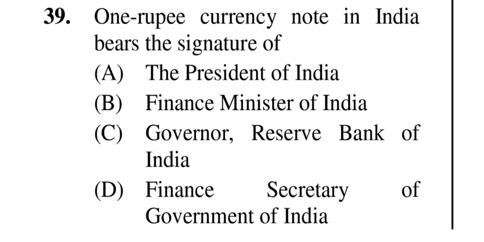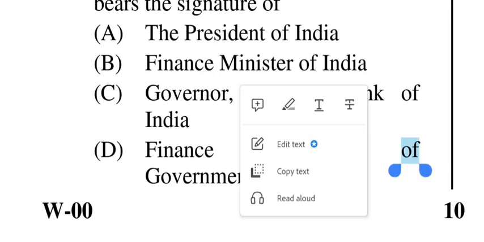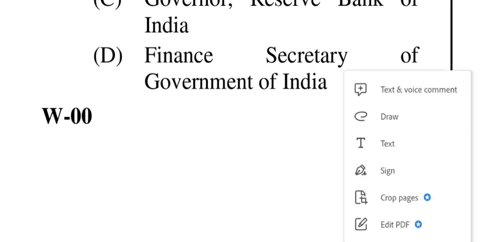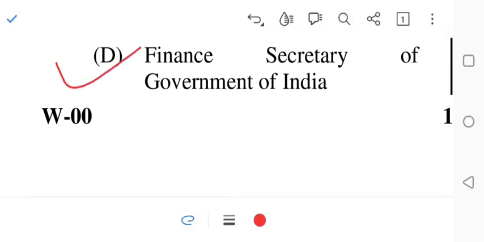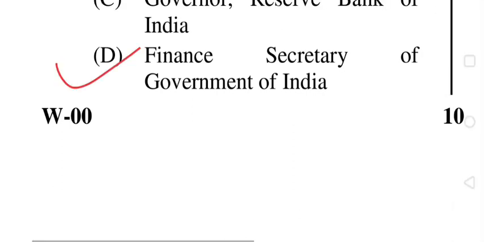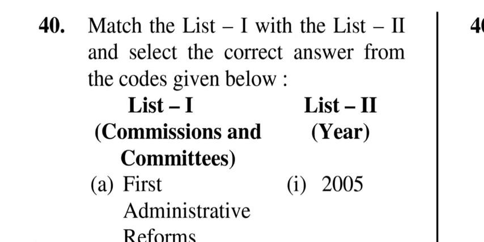The correct answer will be: in the 1 rupee currency note in India, the Finance Secretary of Government of India's signature is done. Okay. Number D. Finance Secretary of Government of India. But nowadays, 1 rupee currency notes are very few.